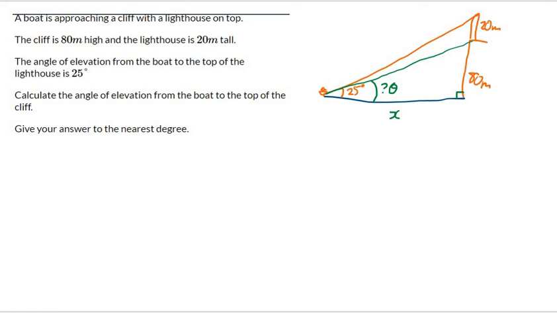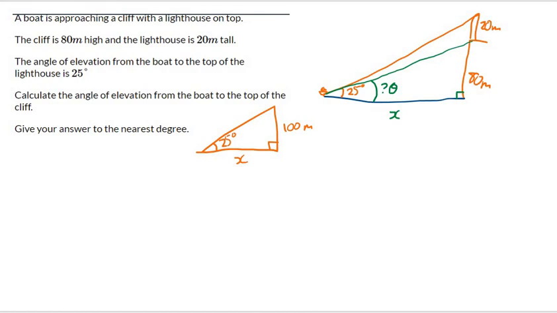Okay, so I'm going to sketch that triangle. This is from the boat to the top of the lighthouse. We've got 25 degrees angle of elevation, and the total height there is 100 meters, and we want how far the boat is from the base of the cliff. So, right angle triangle, we have an angle involved, so we can label opposite, adjacent and hypotenuse.